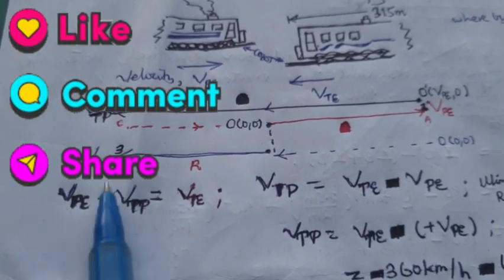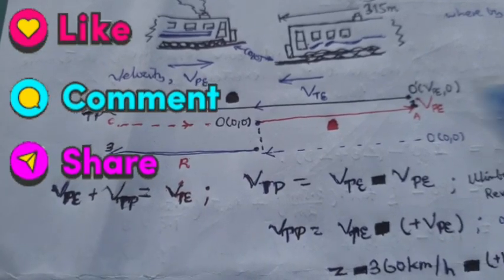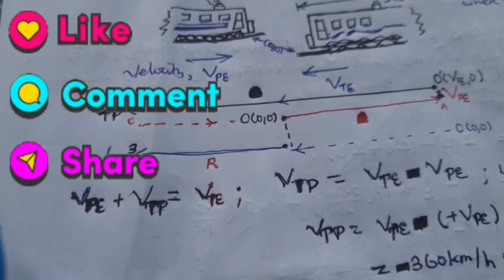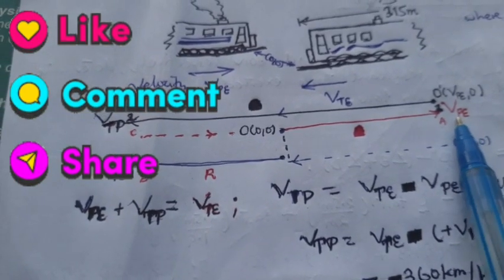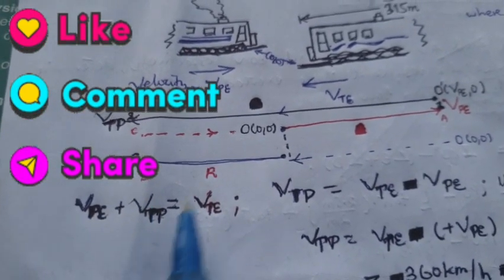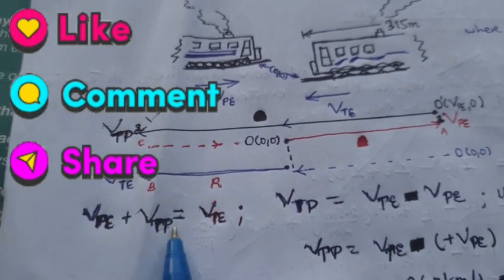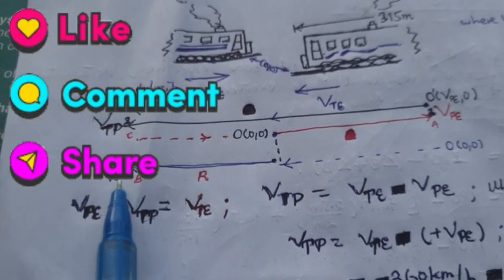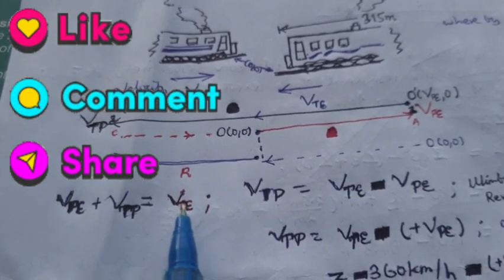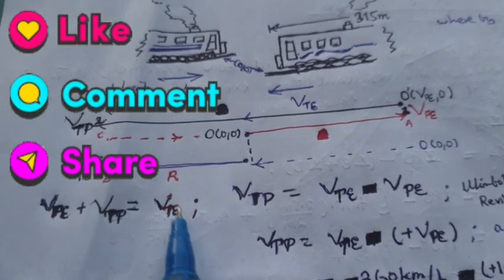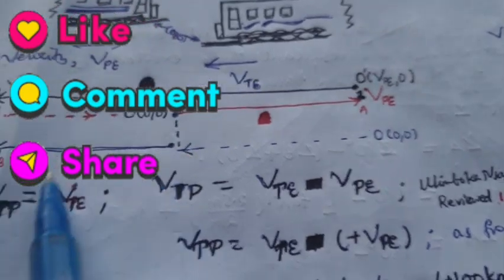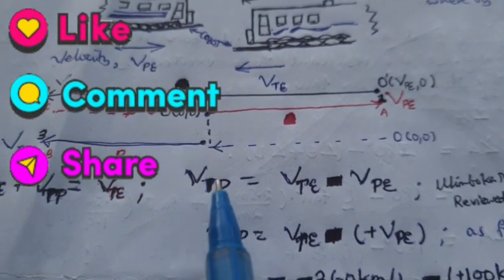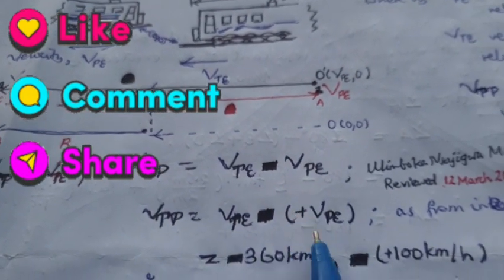So we just use the vector addition rule, where we add the velocity of the passenger with respect to the ground plus the velocity of the train with respect to the passenger, which is equal to the resultant velocity, that is the velocity of the train with respect to the ground, or to the S. Now we make the subject the velocity of the train with respect to the passenger, as you can see here.